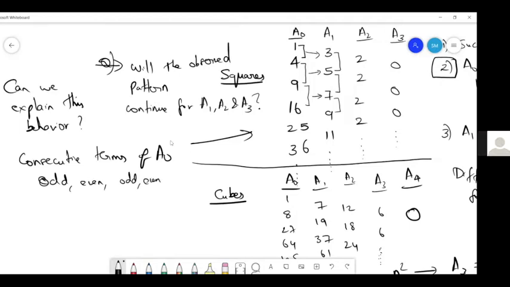They're transitioning, and the difference between an odd and an even is always odd. Very nice observation. And then the difference between odd and odd will always be even. That's why the next one will be again.